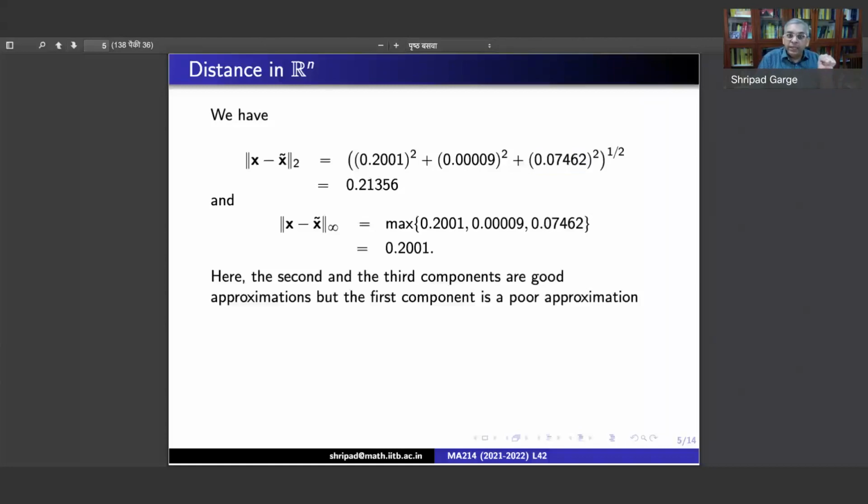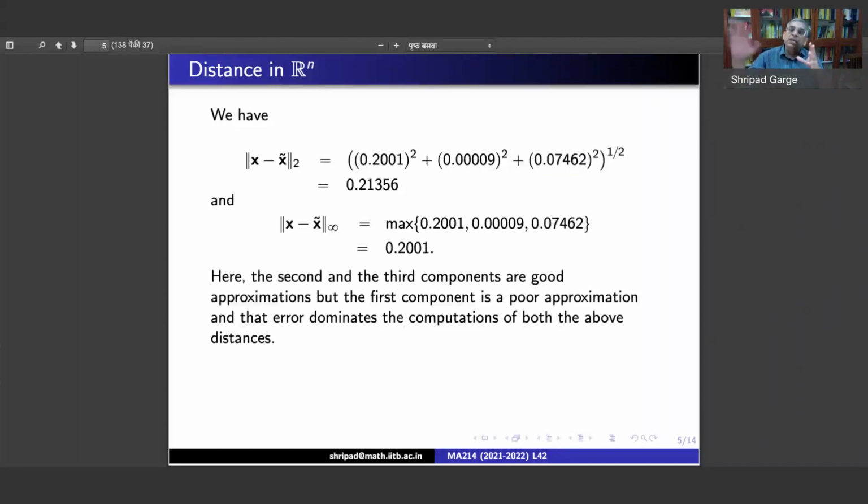So that error dominated the computations of both these distances, and that is very natural, because if even in one component the error is large, then you would expect that the vectors are not close to each other. We expect that two vectors are close to each other if for all the components, the corresponding components are close to each other. That is expected.